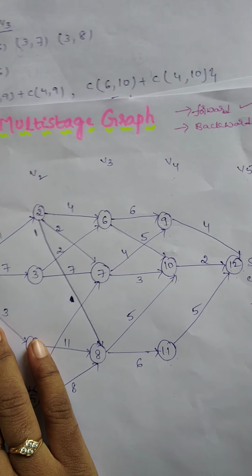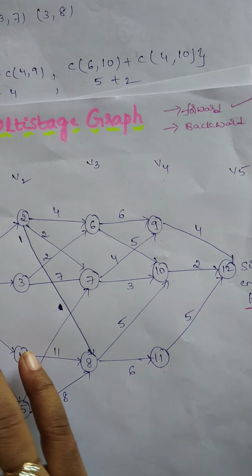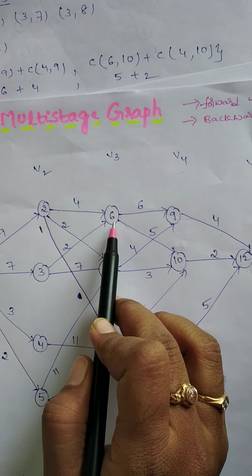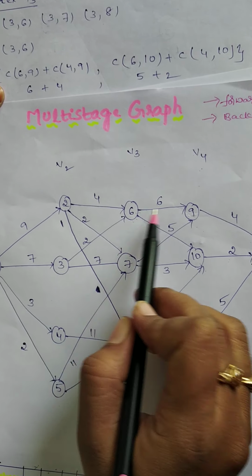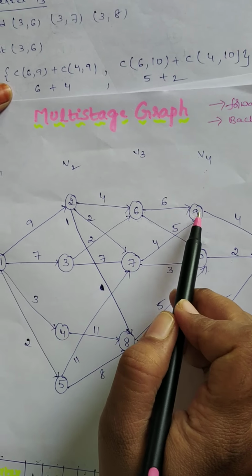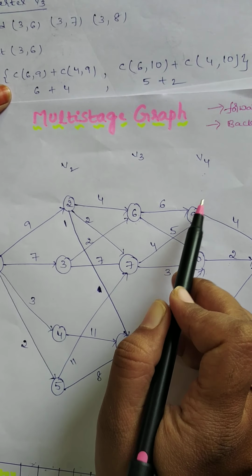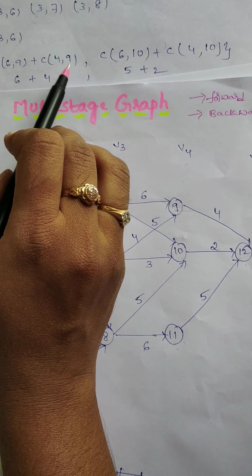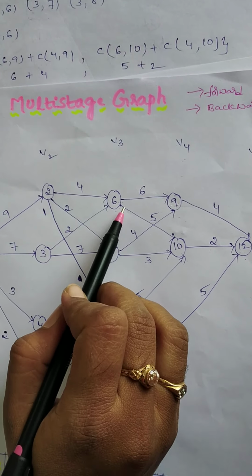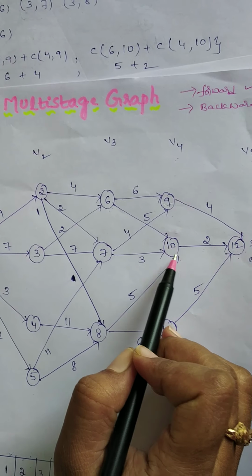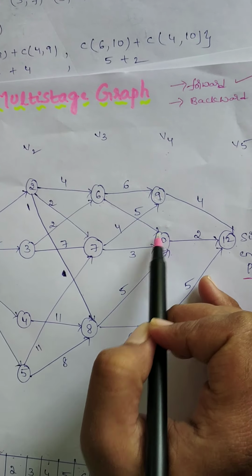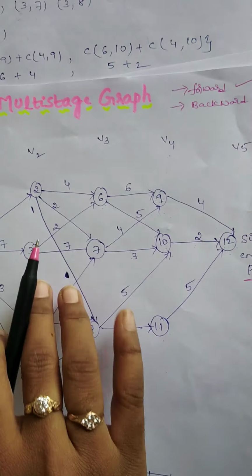Here one formula is there. First find the cost of vertex 3 comma 6. It is the minimum of cost of 6 comma 9 plus cost of 4 comma 9, and cost of 6 comma 10 plus cost of 4 comma 10.